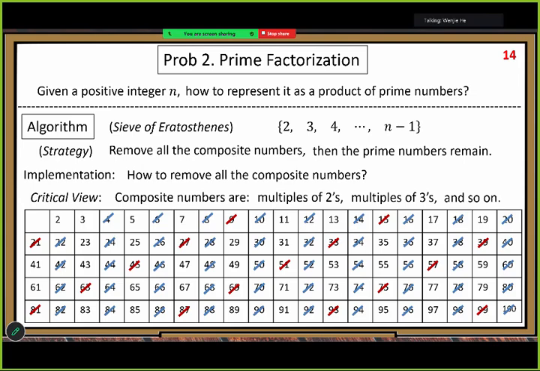Before 25, you do not need to worry, because the first 2 rounds already eliminate all the composite numbers before 25.